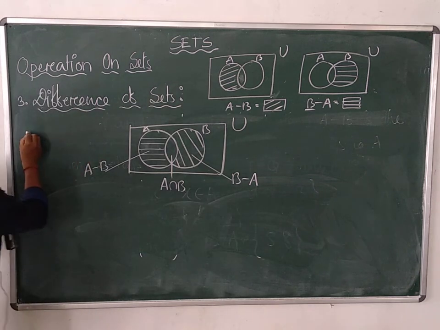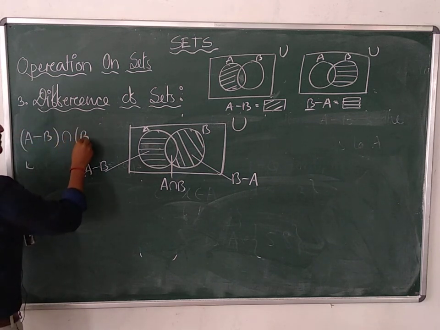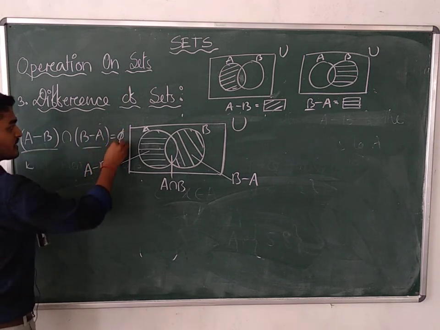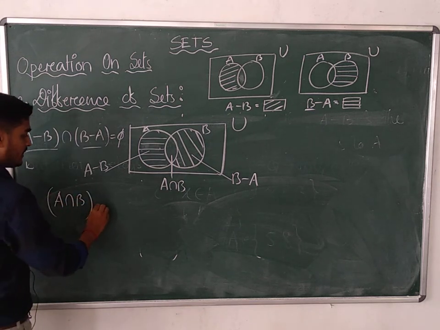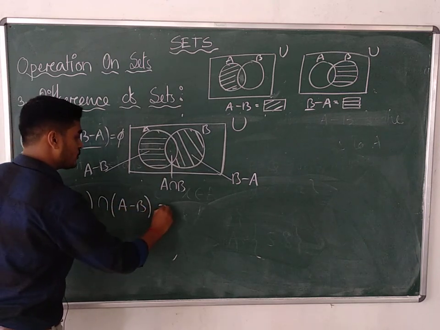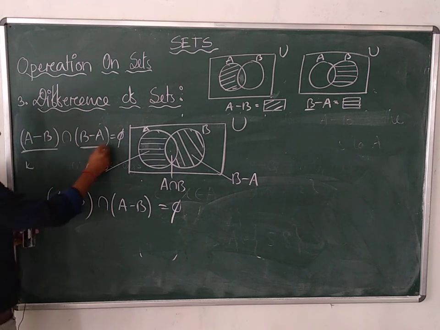That means we can say that A minus B intersection B minus A, this one is a set and this one is a set, it is always an empty set. Or you can say that A intersection B intersection A minus B is also equal to the empty set. What is being said? Think carefully: A minus B itself is a set, B minus A itself is a set.